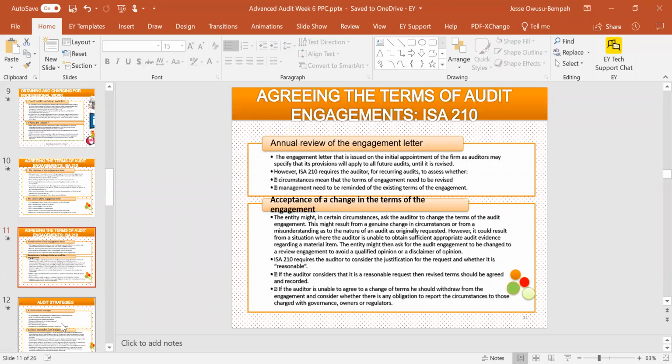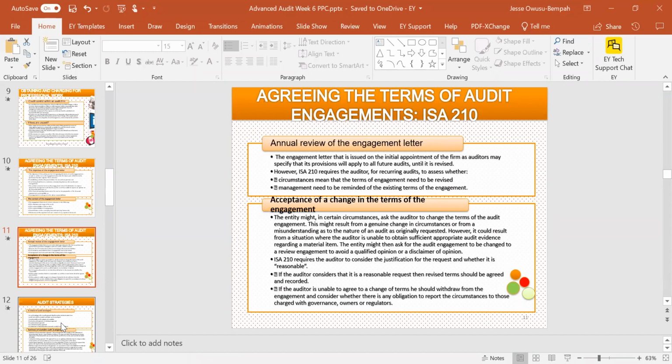So let's talk about the annual review of the engagement letter. The engagement letter that is issued on the initial appointment of the firm may specify that its provision will apply to all future audits until it is revised. Sometimes the engagement letter has to be reviewed because the responsibilities might change, even the scope of the audits might change and all that. So, things change.